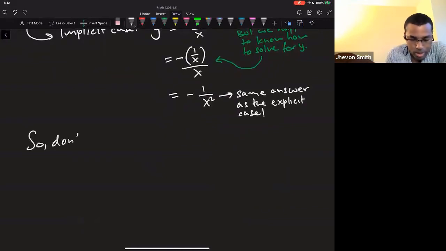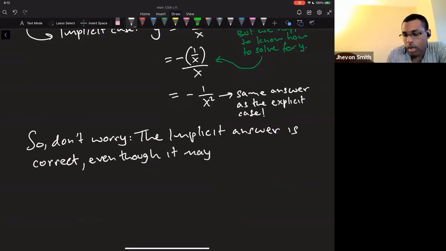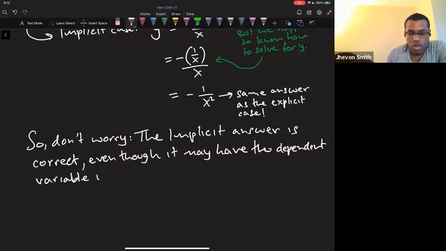The implicit answer is correct, even though it may have the dependent variable in it.